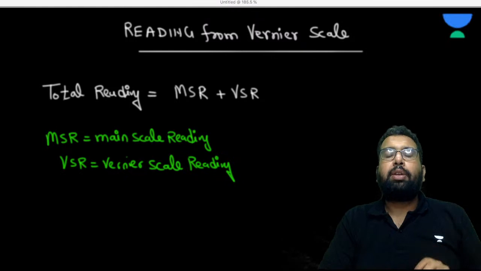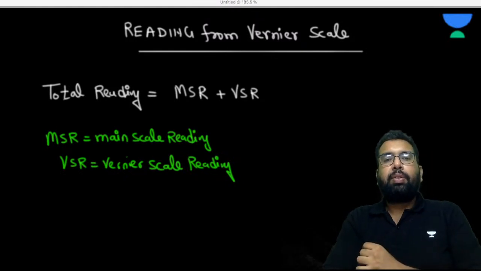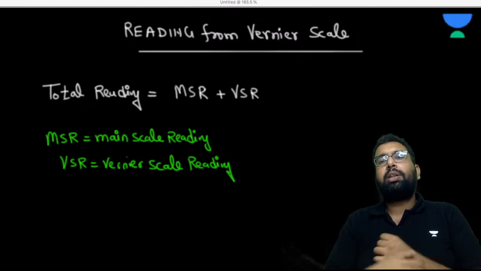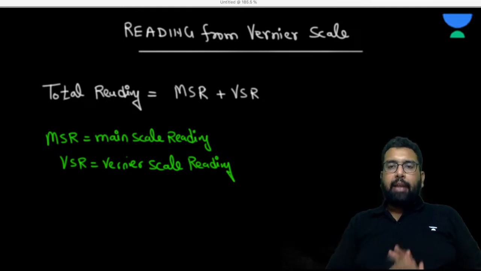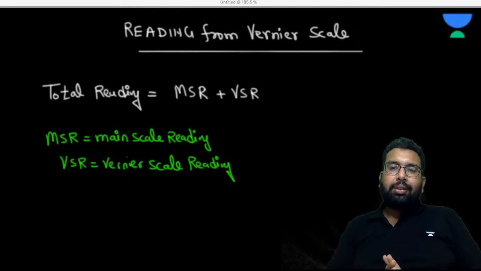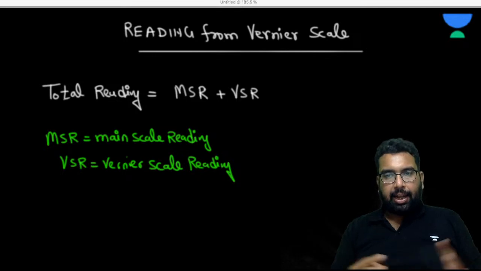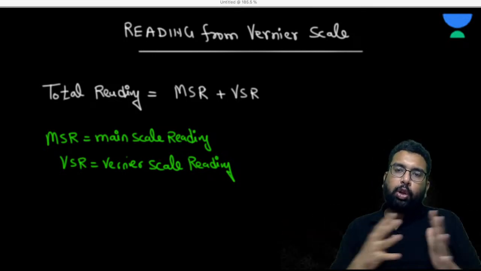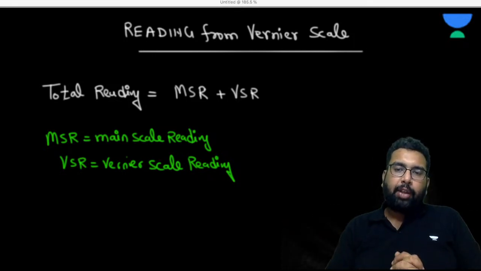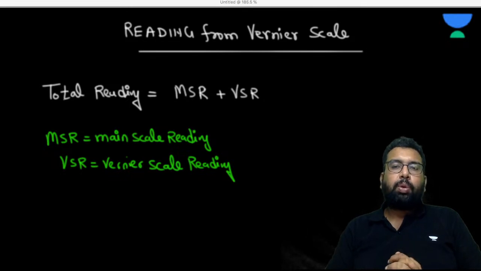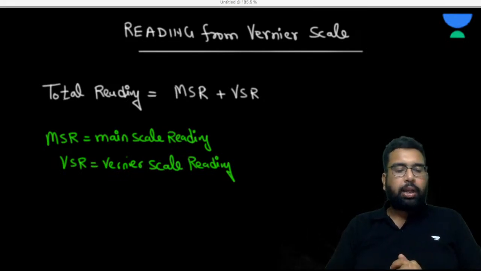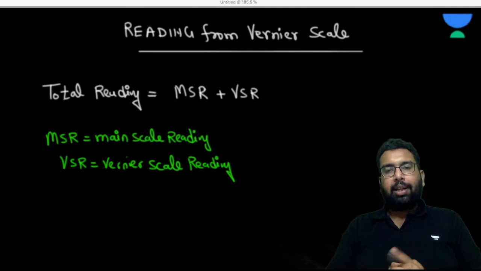When you are taking the reading from the Vernier scale, you have to see the reading on the main scale and the reading on the Vernier scale, and when you combine both of them, you are going to get the total reading.